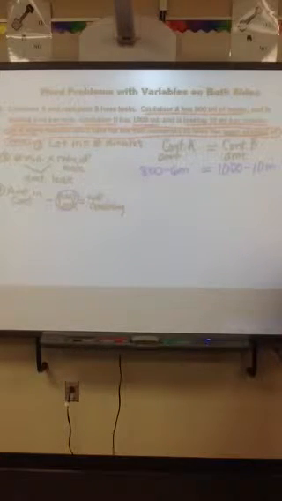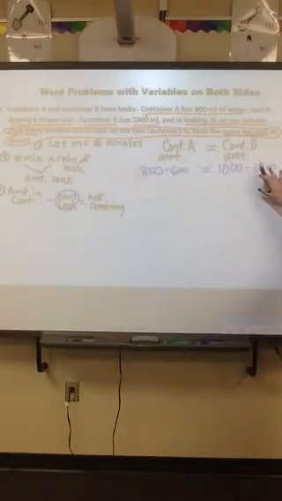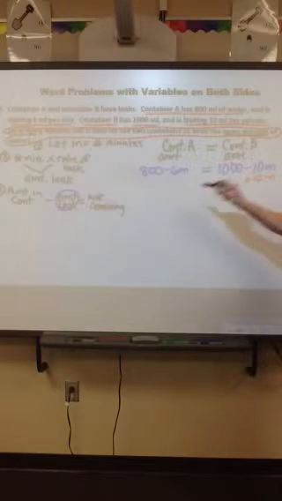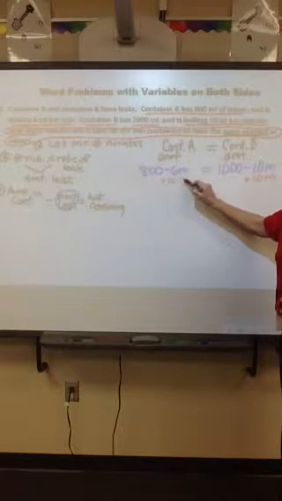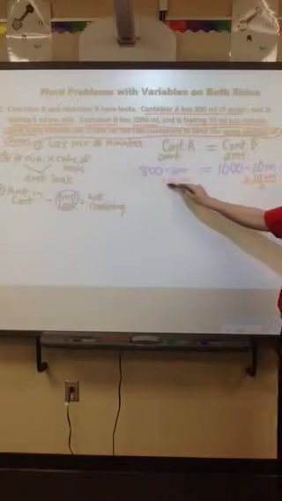So now we solve. To solve, we want to move the variables first and get them together. I would add 10M to both sides, because when I add 10M, these will be gone, and this is going to come out to be positive.